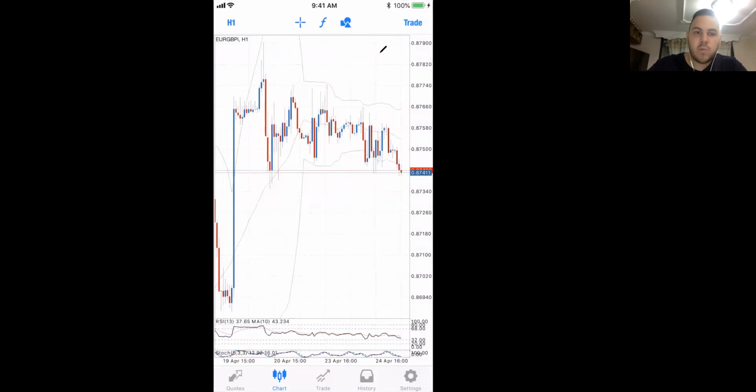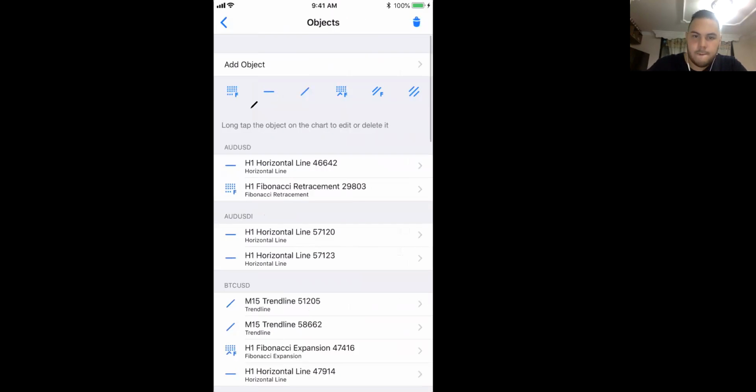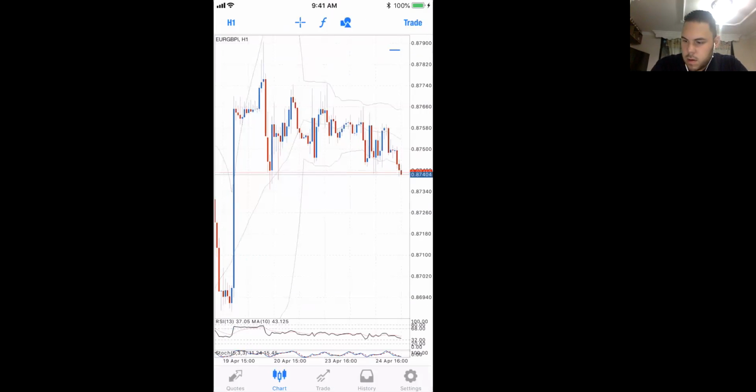If you guys want, what you can do as well is use this little tool here to draw lines. And then use this one to draw a line. Just put it in there and start moving it until the price says 87.28.